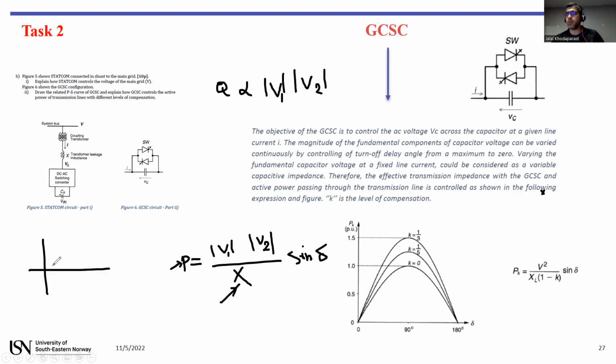You had this before: suppose that without compensation, K is 0, you have the usual curve, active power in terms of delta. However, if you can manipulate this X with the GCSC, you can change the peak of this curve. So in this way, GCSC can control the active power.